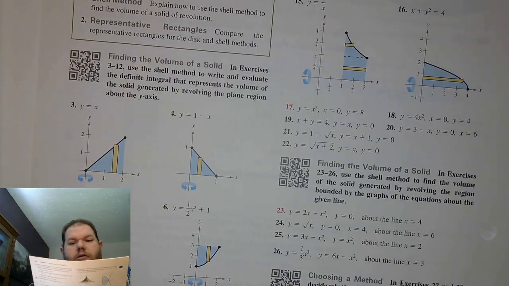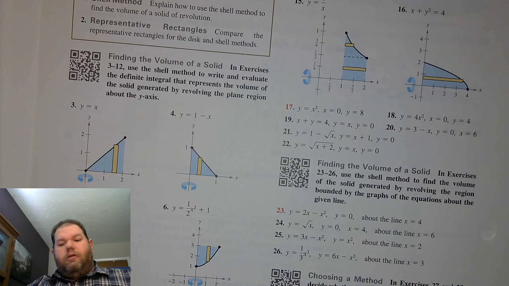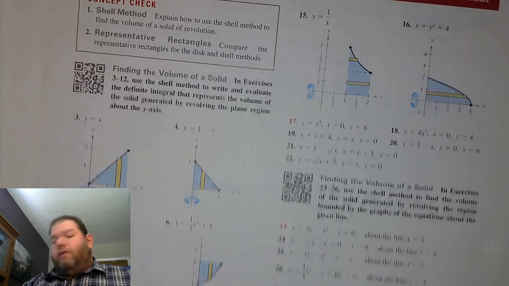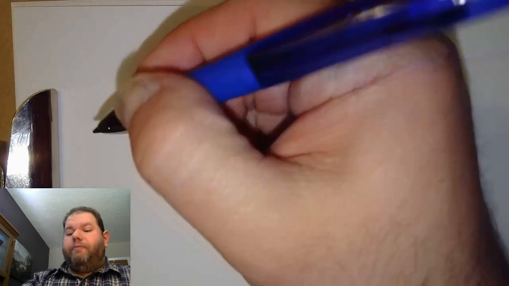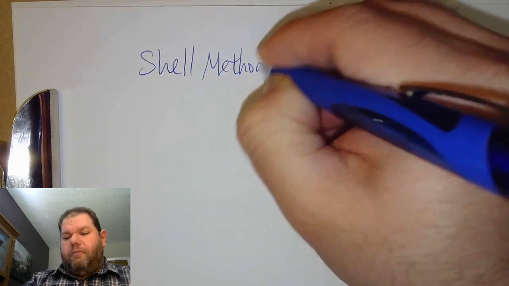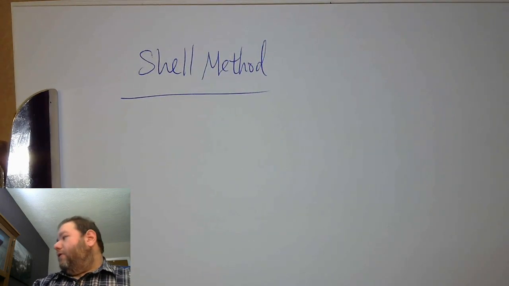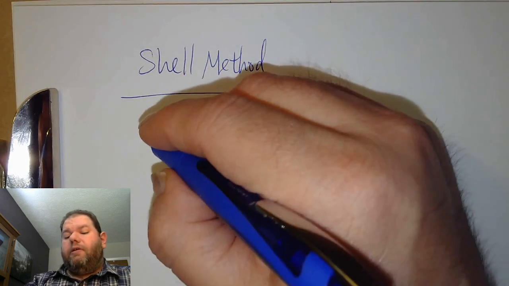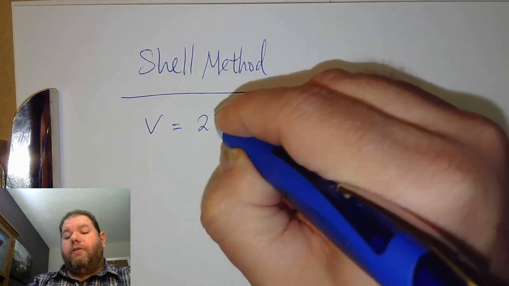Let's start again with the fundamental elements of the shell method before we dive into some more examples. So for the shell method, we said that the volume, in this case, is based on the following formula.